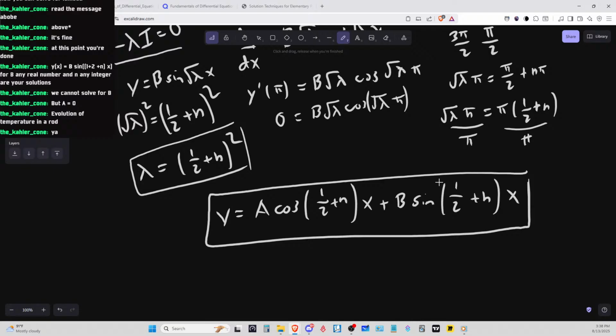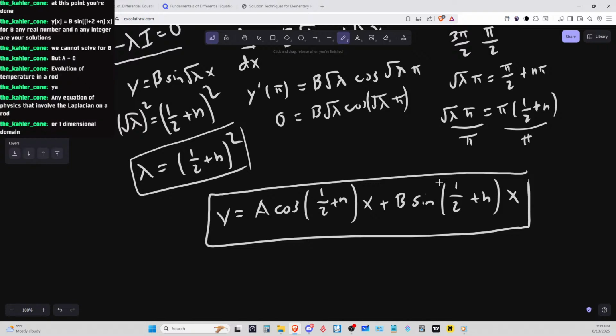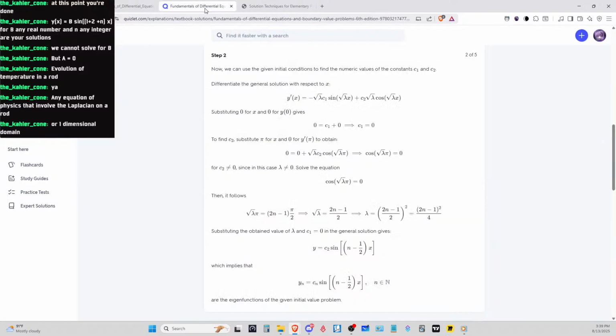It deals with change in time. So it deals with the change in time. It could be, yeah, it could be that. Let me come on Twitch. Oh, okay, no problem. Any equation of physics that involves the Laplacian on a rod or one-dimensional domain. Oh, okay. Yeah, what did they do in the solution here, actually?